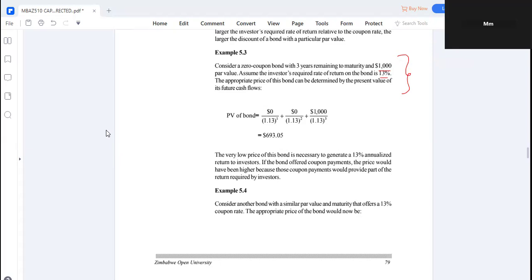Using that formula, we can calculate the value of the bond as follows. Value of the bond is equal to coupon value times present value annuity, plus the maturity value times present value factor.